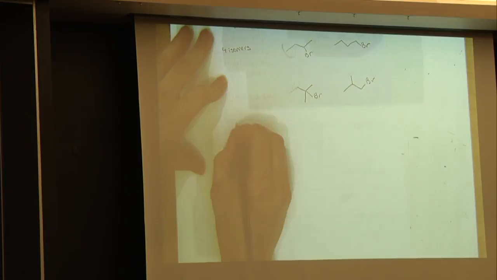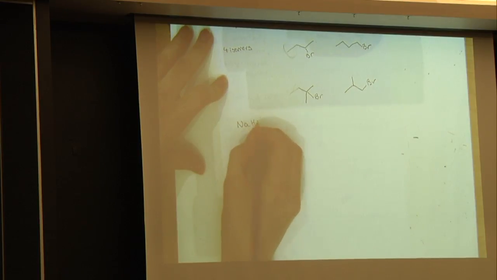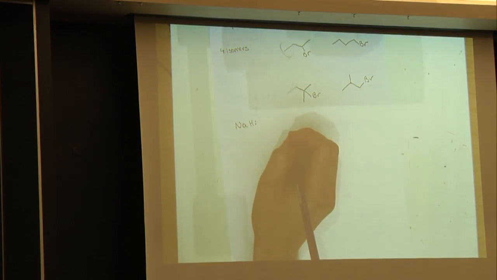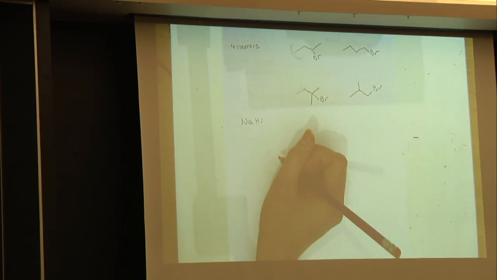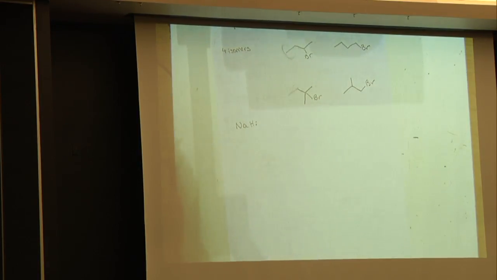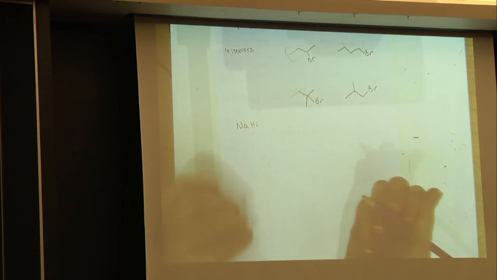When treated with sodium hydride, one structure gives you 3 compounds. I was going to have you work on this, but we're a bit short on time, so I'm going to run through it.